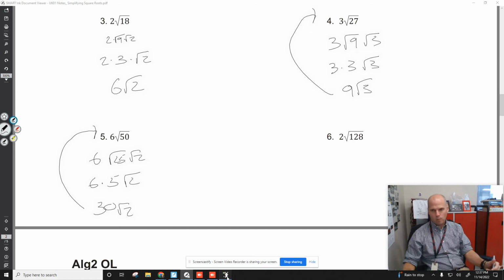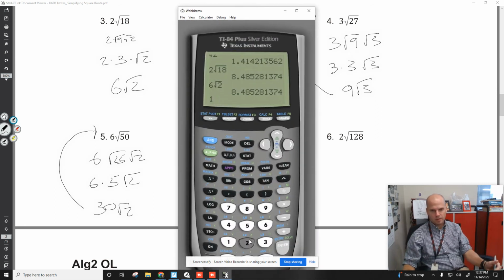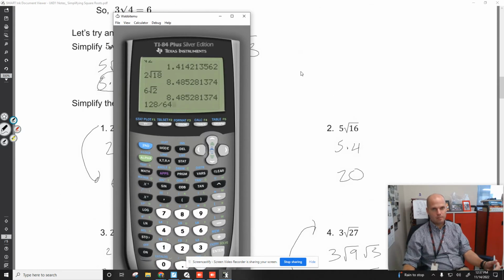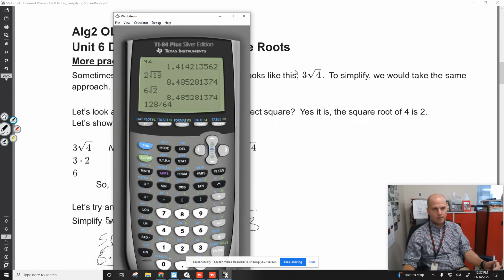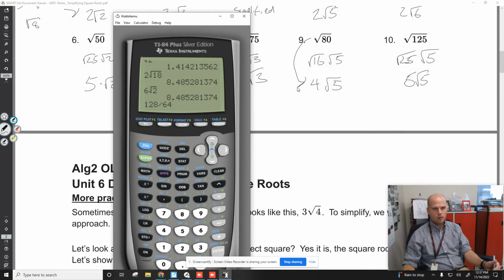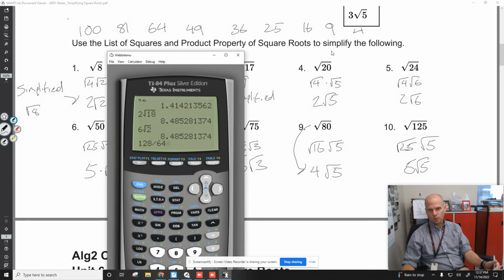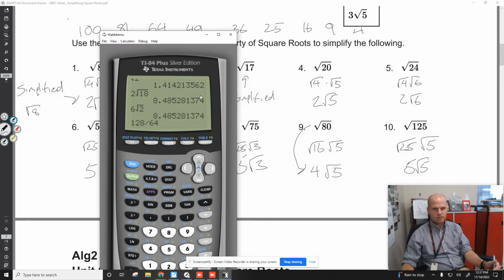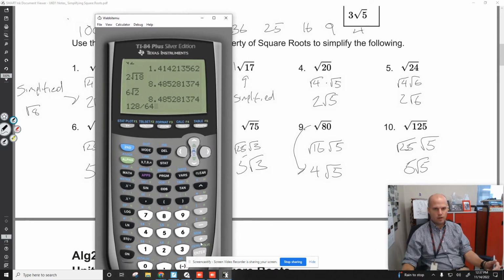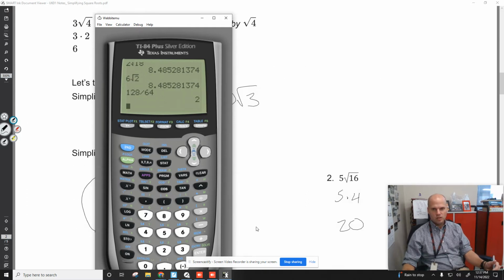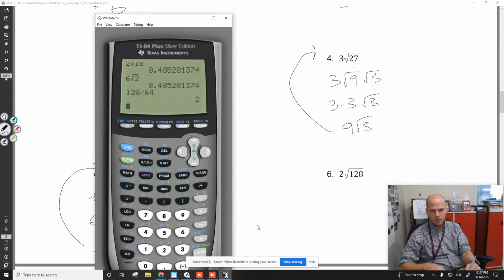Ooh, I don't know about 128, so I need some help here. I'm going to use Mr. Calculator. 64 is a good number to start with. Start with the biggest number possible. So biggest numbers are 81, 64, 49, 25, 36. So I'm going to start with 64, and I realized, yep, 64 times 2.